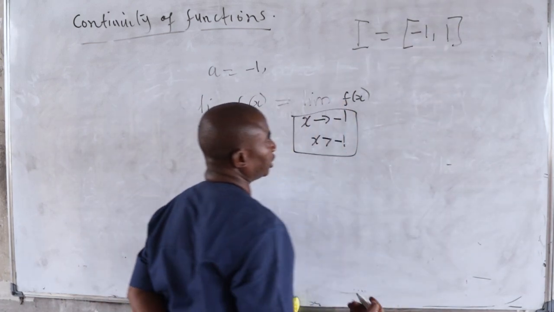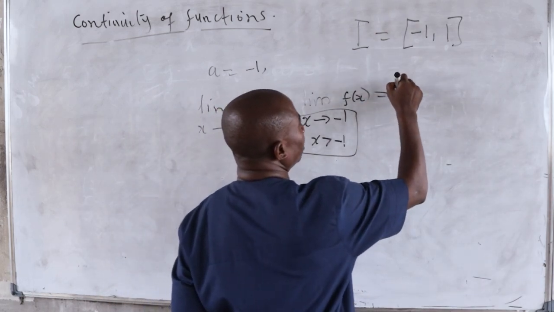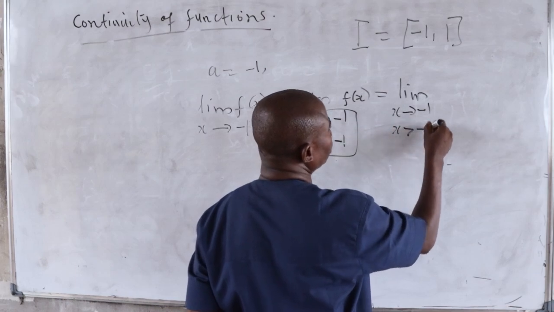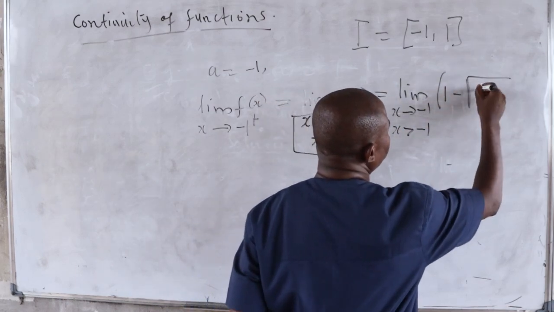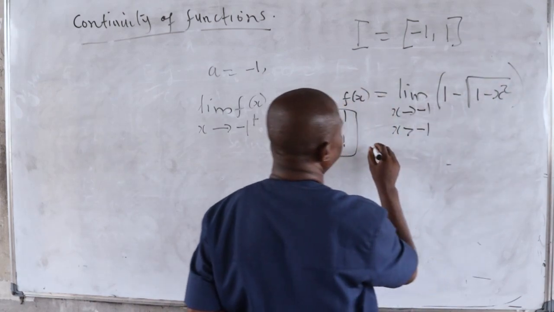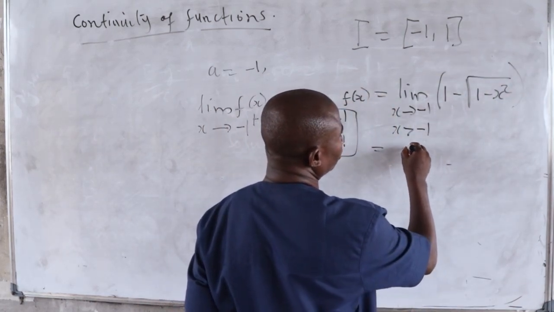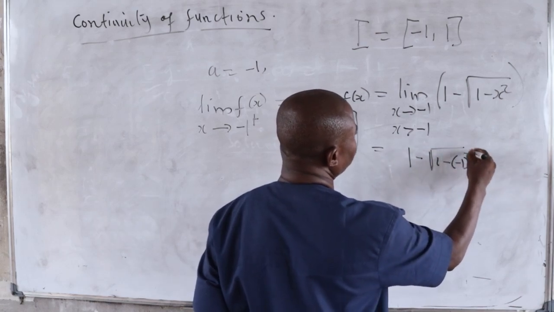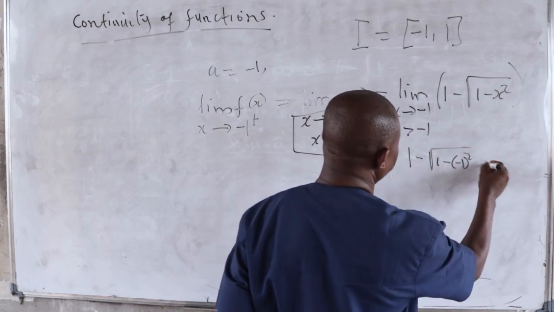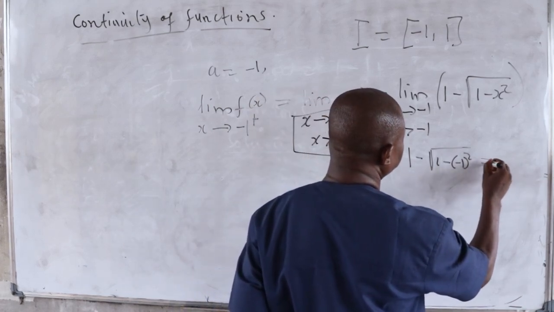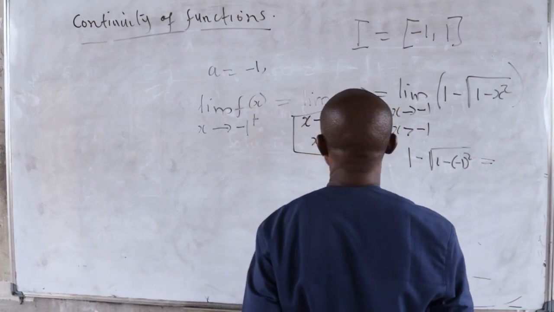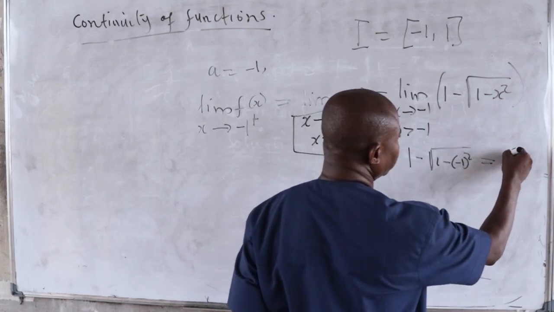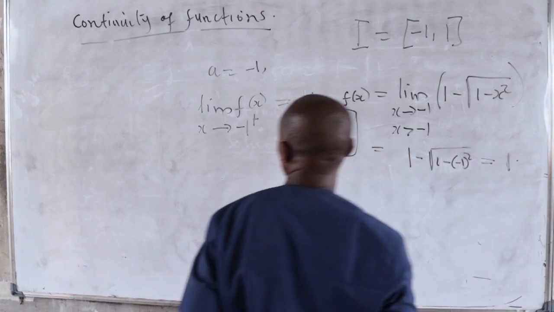So this is nothing but the limit as x tends to -1 with x greater than -1 of 1 minus the square root of 1 minus x squared. This gives us 1 minus the square root of 1 minus (-1) squared. Tell me, this is 1 minus 1, which is 0, the square root of 0 is 0, so this is 1. So we simply get 1 as the limit.